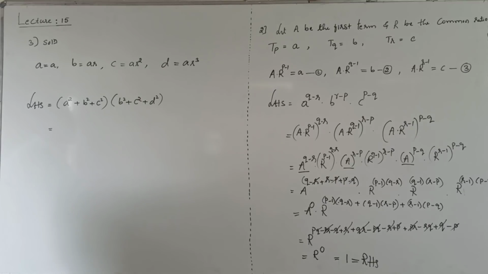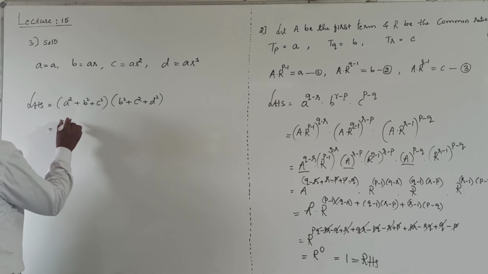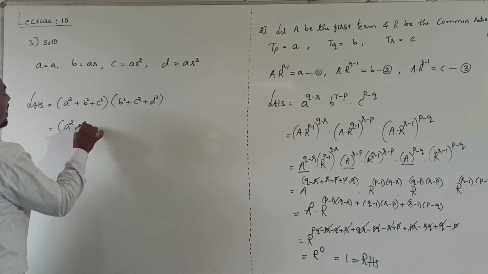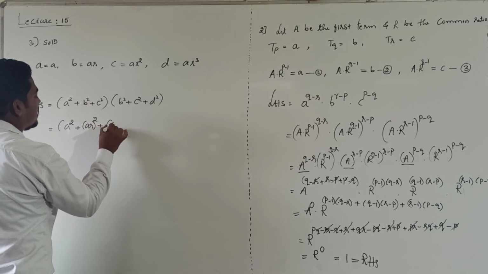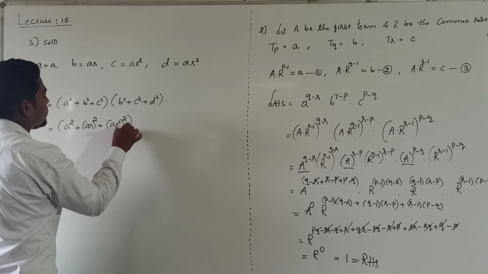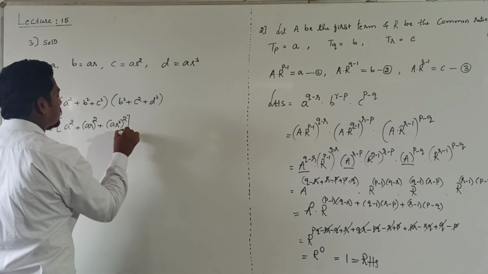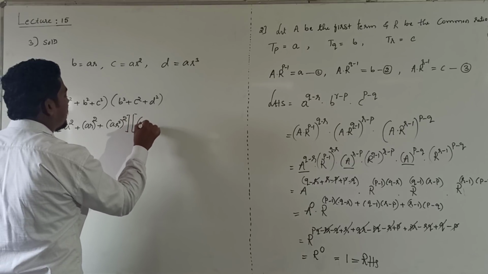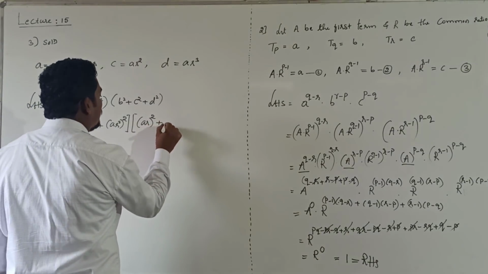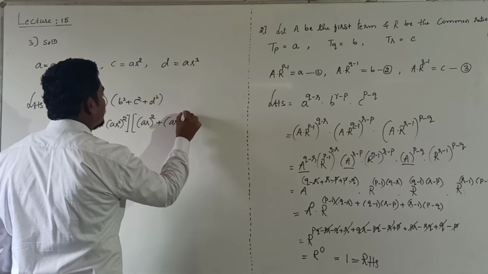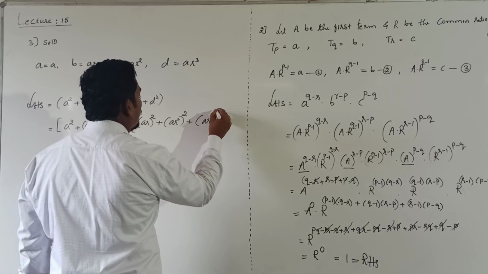Replace small a, b, c and d values. Small a is a itself, so a square. Then what is small b? (a into r) whole square. Then small c, (a into r square) whole square, into b square. What is b value? (ar) whole square plus (ar square) whole square plus what is d? (ar cube) whole square.